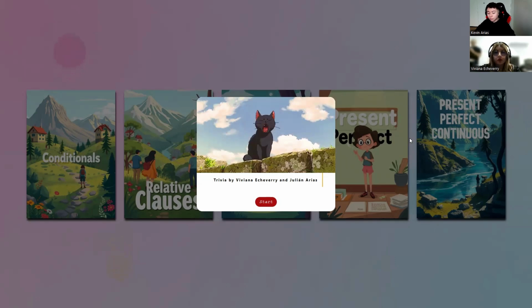Welcome to Grammar Quest. This is an interactive game designed to help players master essential grammar such as conditionals, relative clauses, passive voice, present perfect, and present perfect continuous. The aim of Grammar Quest is to make learning engaging through a variety of sentence-based challenges.